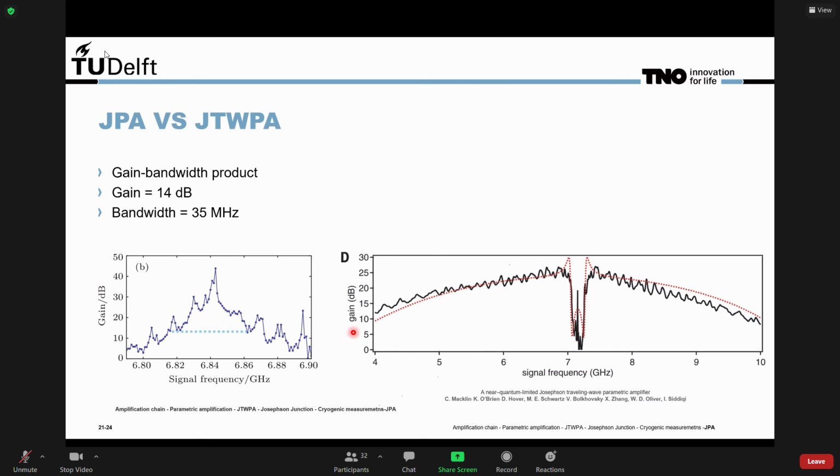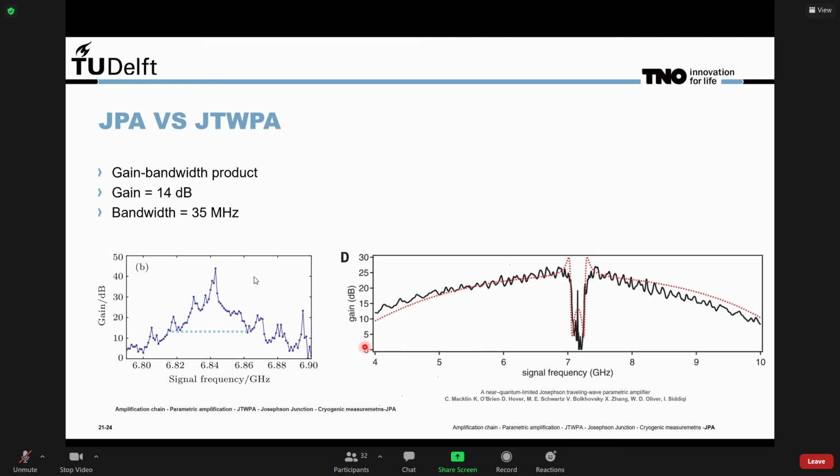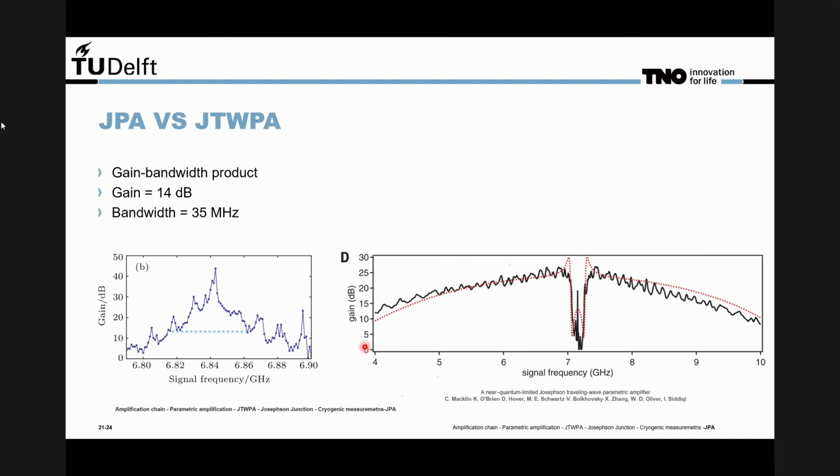The gain here is a measure of the amplification, so the input against the output power. Using this TWPA, you can have microwave signals amplified with a 20 dB gain over a large bandwidth, which you need for applications such as the quantum computer.